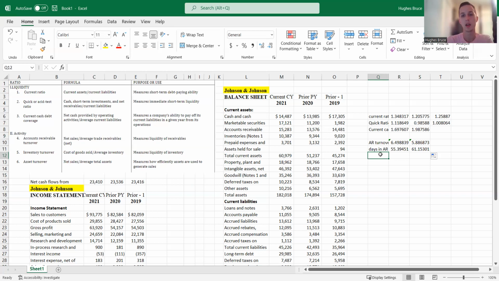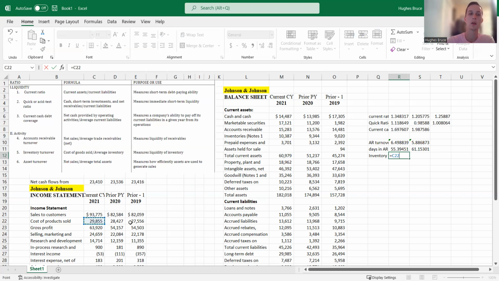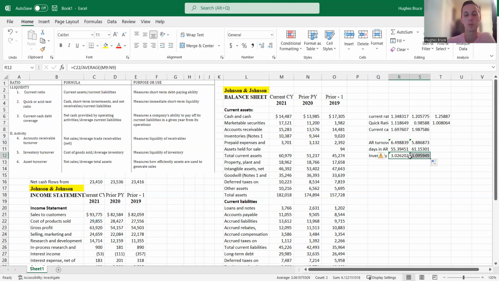And then similar to the accounts receivable turnover, we have the inventory turnover, where it's the cost of goods sold for the year, which we can get from the income statement, divided by the average inventory, which again, we can just use the average function in Excel to do. Do that for 2021, 2020. So for 2021, they go through their inventory 3.02 times or 3.03.